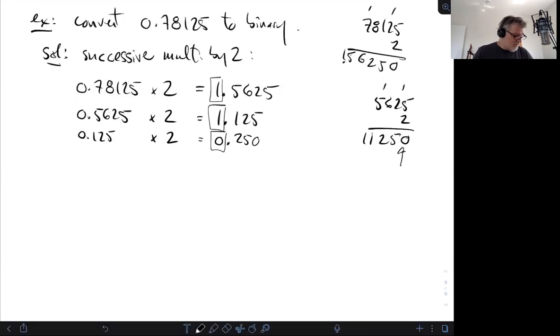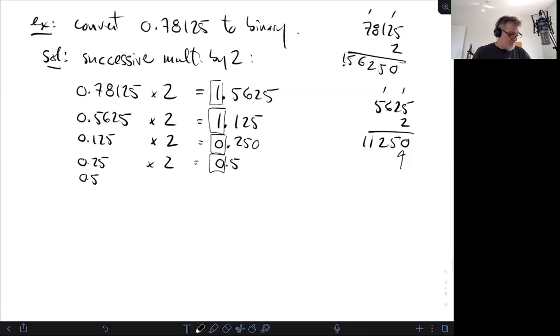Now I repeat with 0.25 times 2. This is 0.5. Now my fractional part is 0.5 multiplied by 2. This is 1 point, and I'll write the 0 now so that we can see that we stop. Once the fractional part is 0, I'm done. I've gotten rid of everything I wanted.